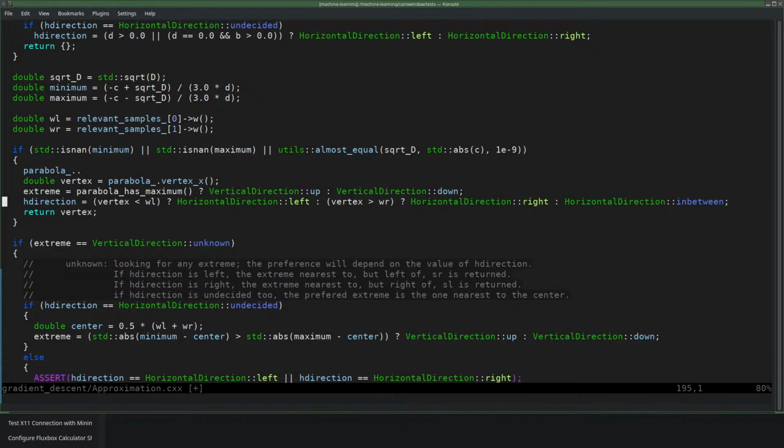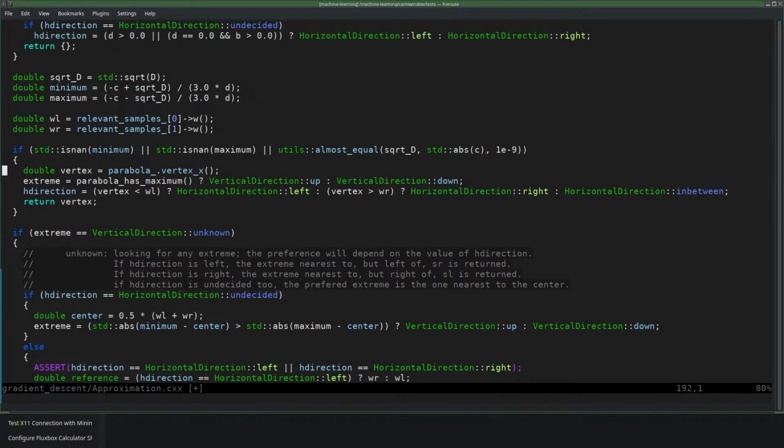In the end, machine learning ship home. That's what gradient descent is being used for, isn't it? So if we return the vertex, then this is the extraction. And this is the extreme type. And this is the value.